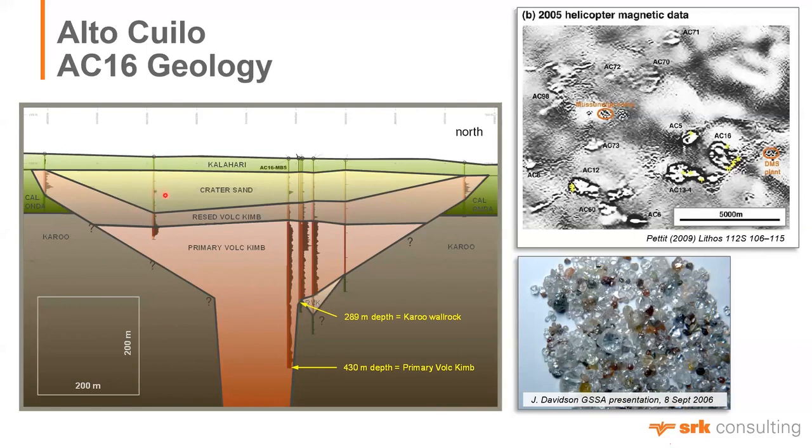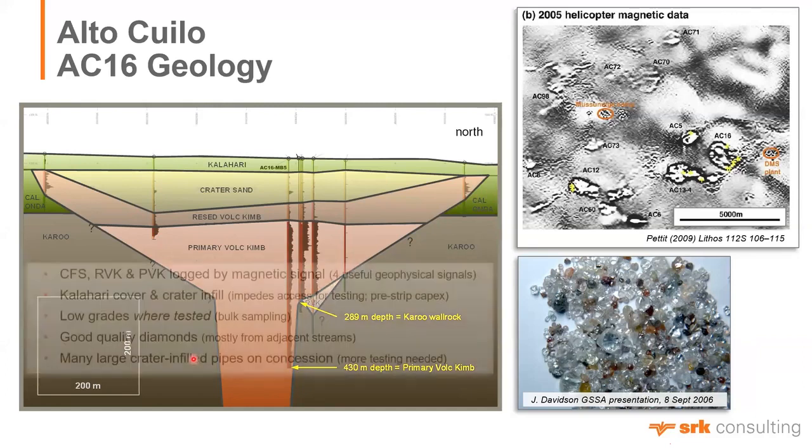There's a bit over there, a bit over there, a bit over there. And then similarly through the resedimented volcaniclastic kimberlite, you can see how variable the proportion of sand to kimberlite is in that part of the hole. And once you hit the primary volcaniclastic kimberlite, it's all fairly magnetic. So that's a very useful aid in logging.